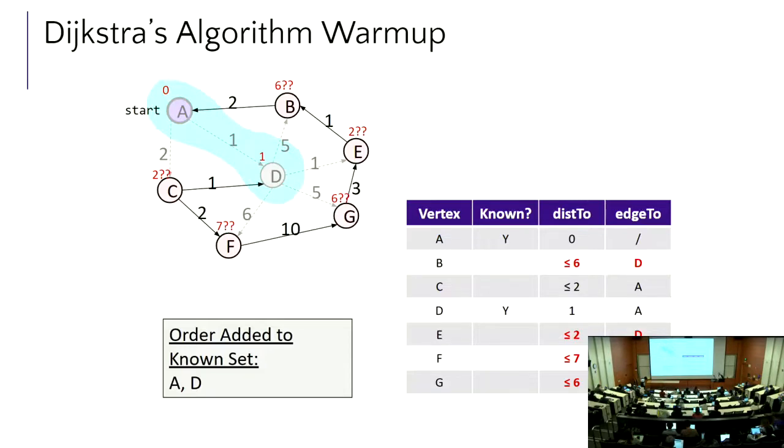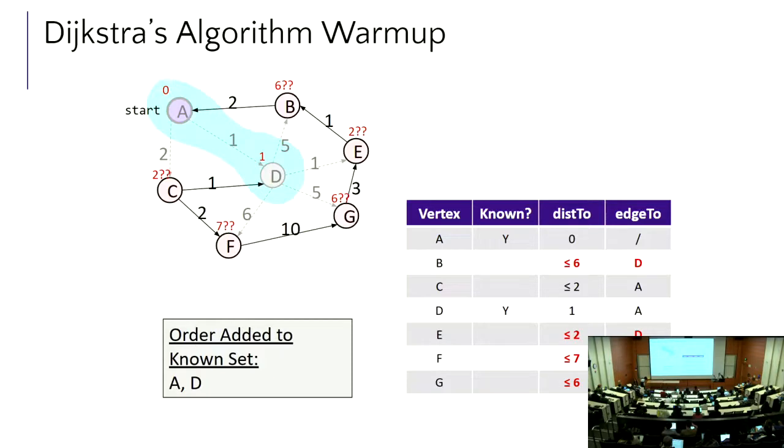For example, B: that is the path of the 1 from A to D, and then the 5 from D to B, which gives me a total of 6 and a back pointer of D as one possible route to get to B. And then you can see I did the same things with E, F, and G. I traveled that 1 to D, and then I added on.